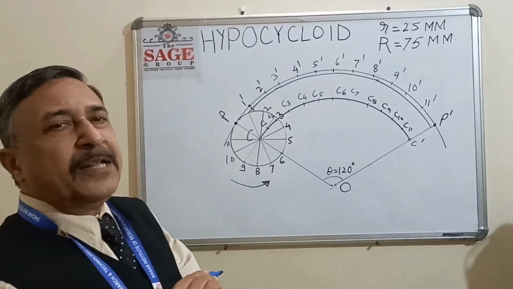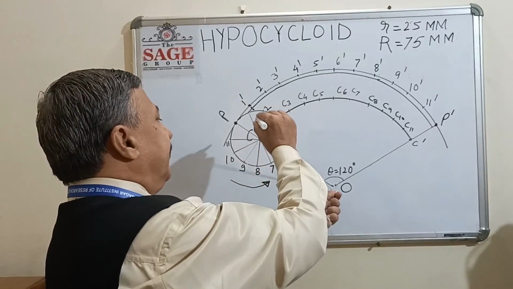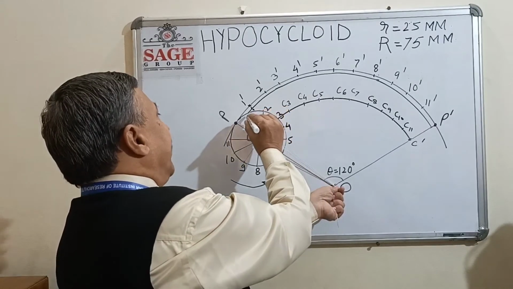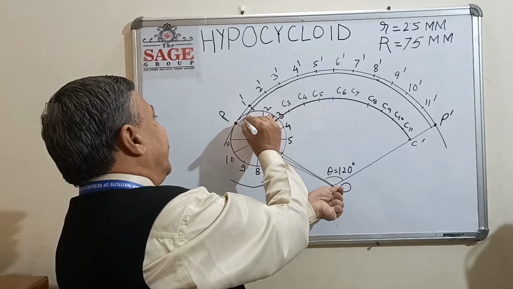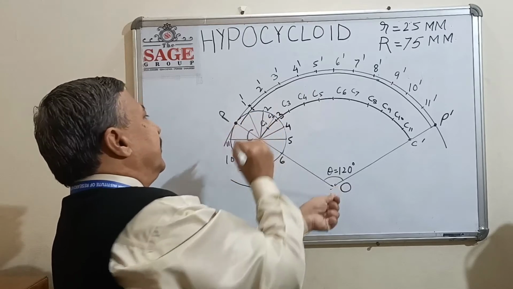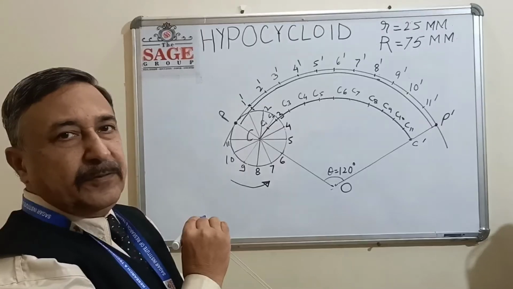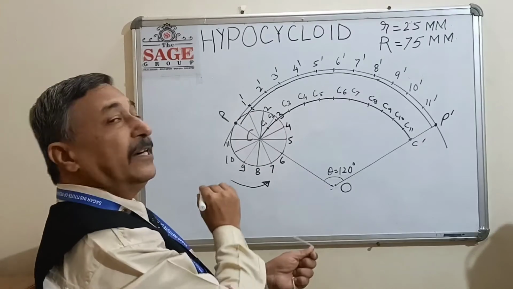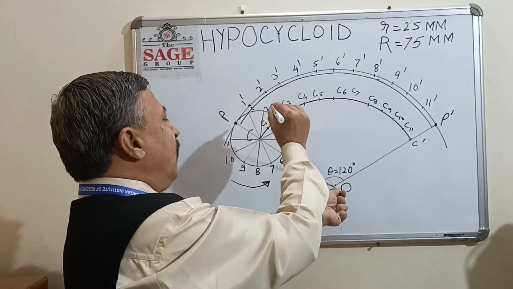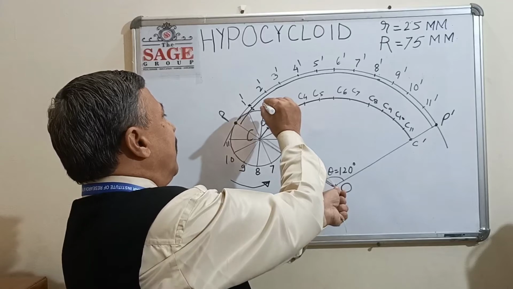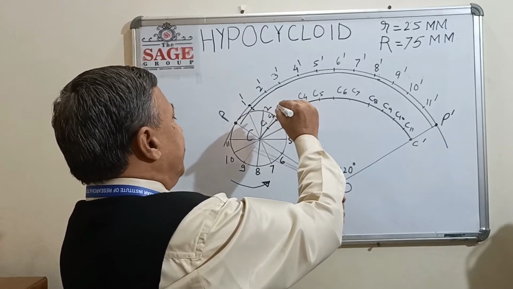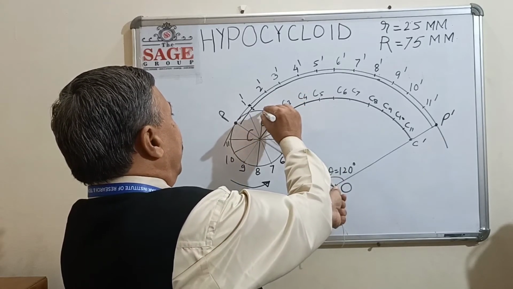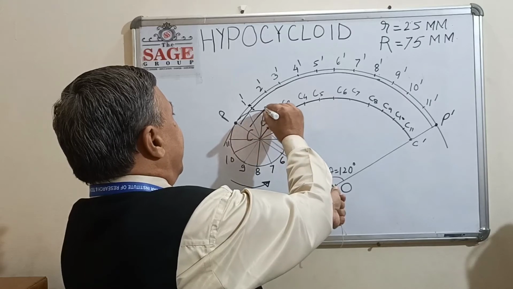This is the curved path through 1, and we will get a point before this, so we just extend it backward. Now same center O and radius equal to O2. Draw this curved path.